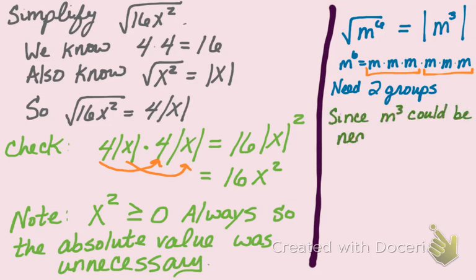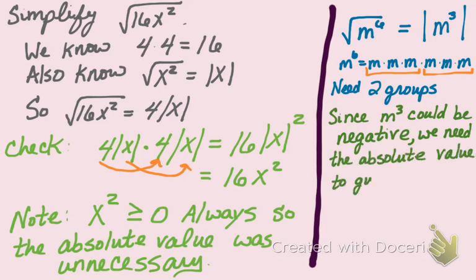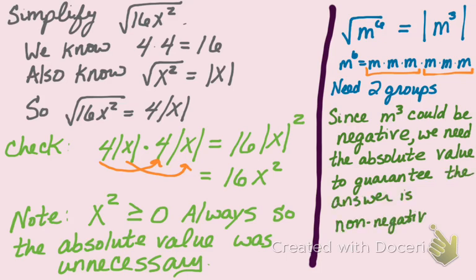But because m cubed could be a negative number, we do have to use the absolute value here to guarantee that our answer is non-negative. So the square root of m to the 6th power is equal to the absolute value of m cubed.